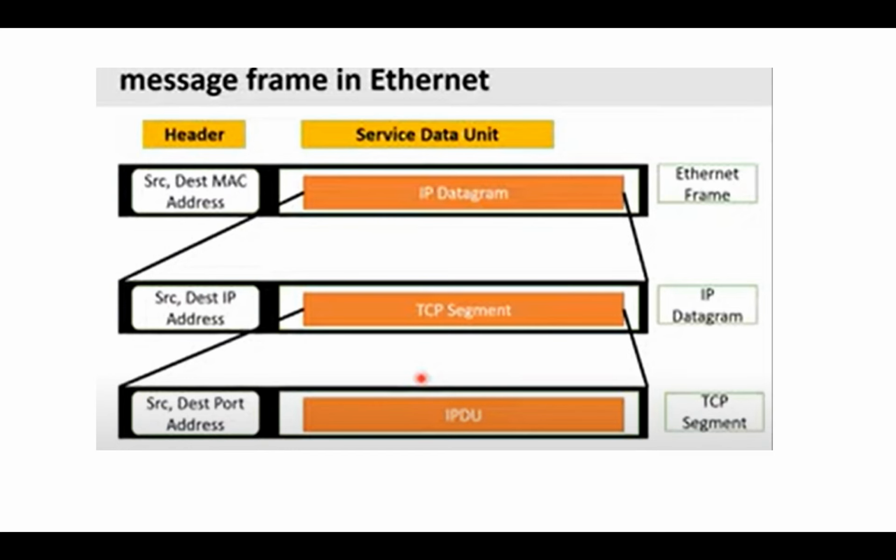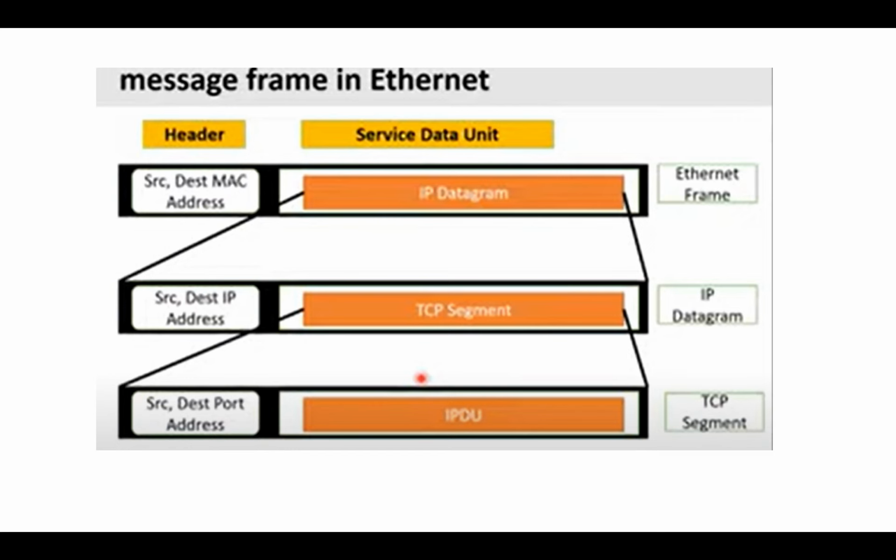The TCP segment would have the source and destination port address, followed by the I-PDU, which is again routed to the PduR. From the socket adapter it will go to PduR, and from PduR it goes to the COM. Again it gets signal level and again access to the application. That's how it would be.